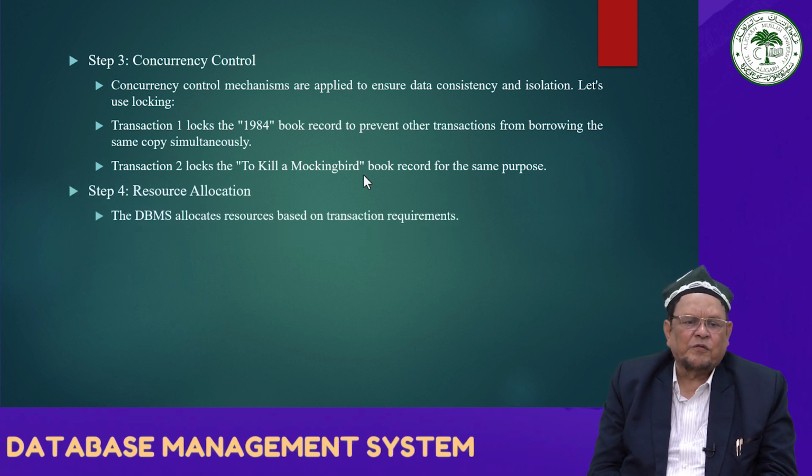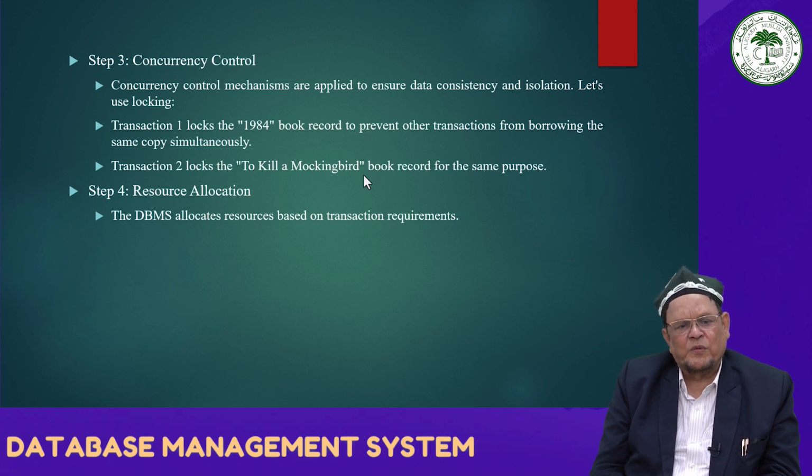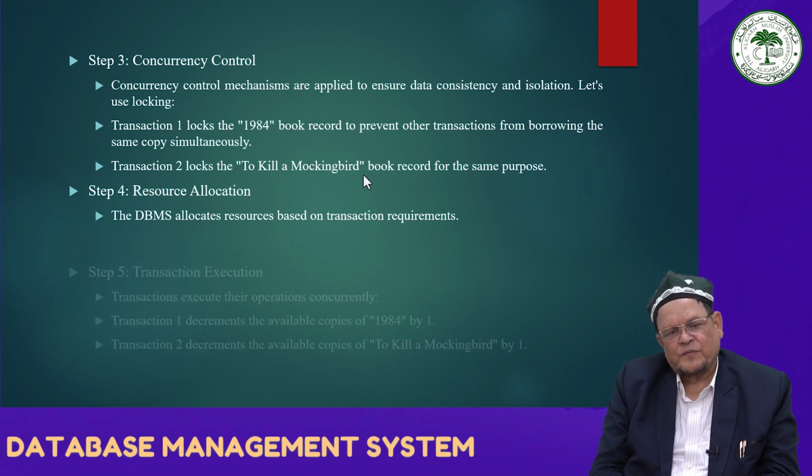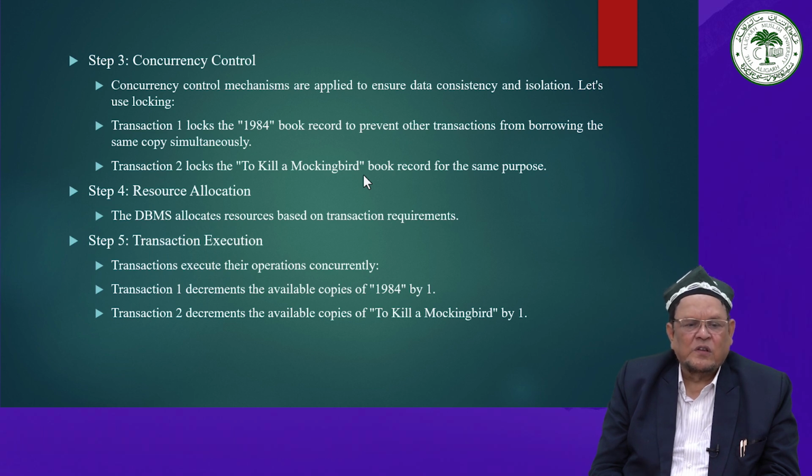Step 4, resource allocation. The DBMS allocates resources based on transaction requirements. Step 5, transaction execution. Transactions execute their operations concurrently. The first transaction decrements the available copies of 1984 by 1.